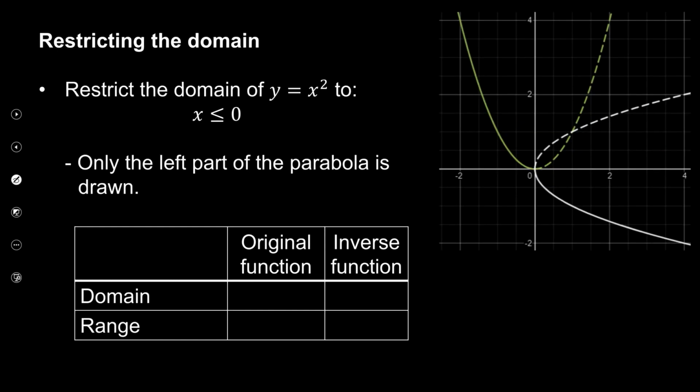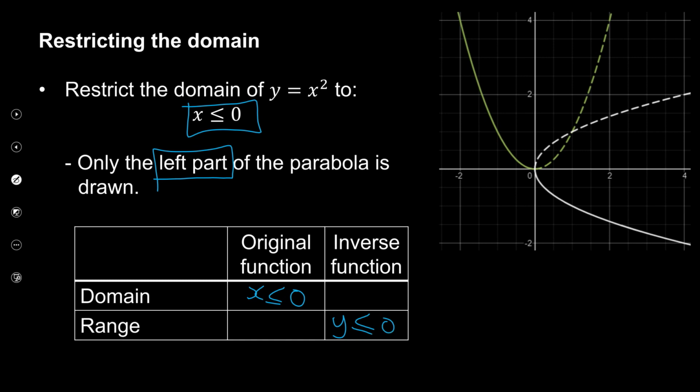Because remember, this arm does not exist anymore, and that arm does not exist anymore. If we restrict it in the other side, which is the left part of the parabola, what we know about this is it will be x is less or equal to 0. And for this graph, it will only be the left part that is there, right, which is drawn. So this will normally be, the range is x is less or equal to 0, meaning y will have to be less or equal to 0.